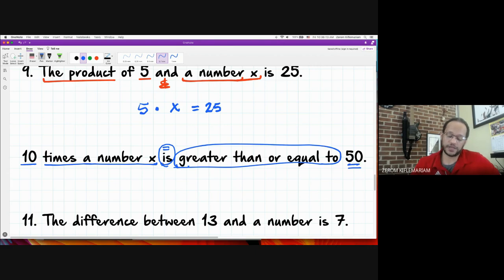Ten times a number, so it would be 10 times a number x. Equal is usually the equal sign, but for greater than or equal to, it would be greater than or equal to 50.